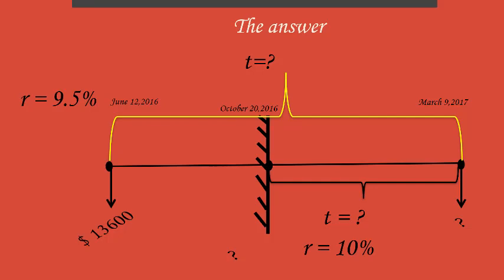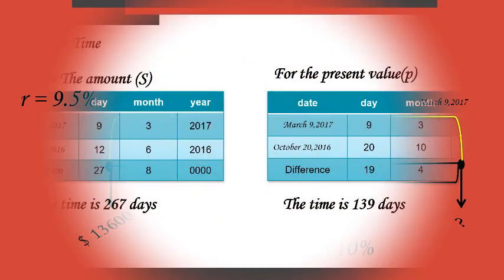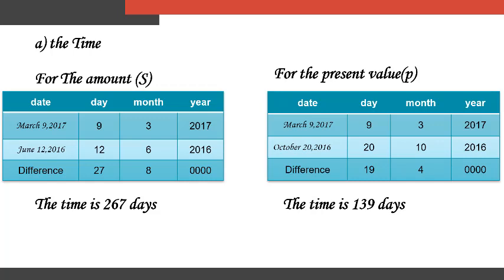To get T, we will subtract March 9, 2017 minus June 12, 2016 to get the amount. March 9, 2017: day 9, month 3, and 2017 as the year.